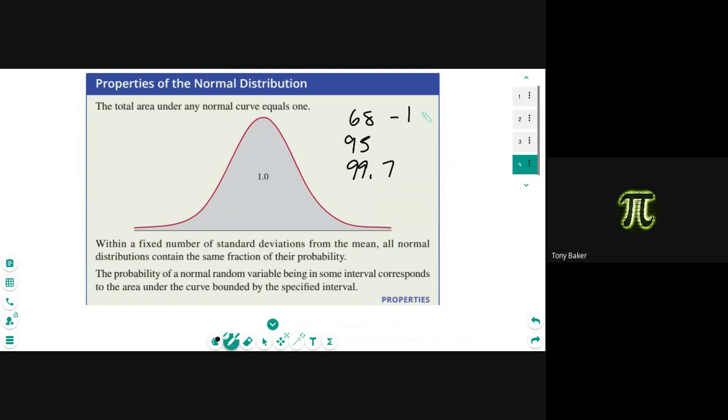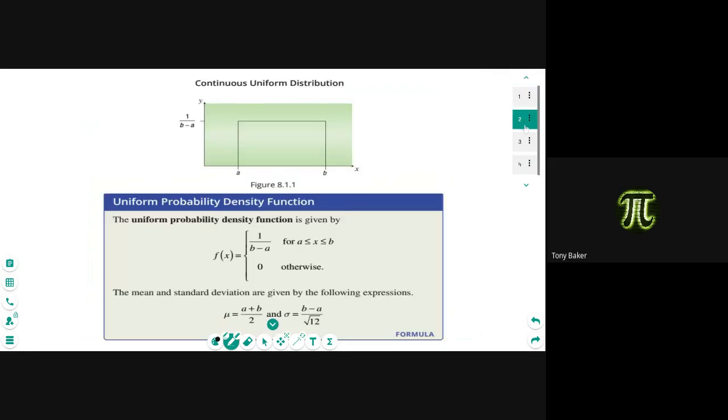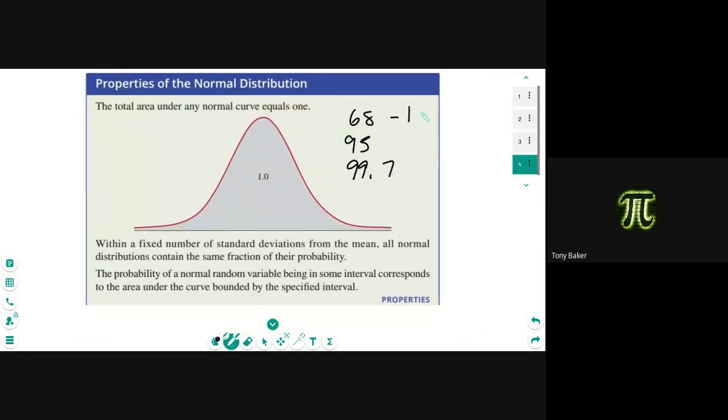That was 1 standard deviation. That was 2 standard deviations. I always get those mixed up. Correction. Hold on. And that was 3 standard deviations. Okay, so that was 1 standard deviation, 2 standard deviations, and 3 standard deviations.